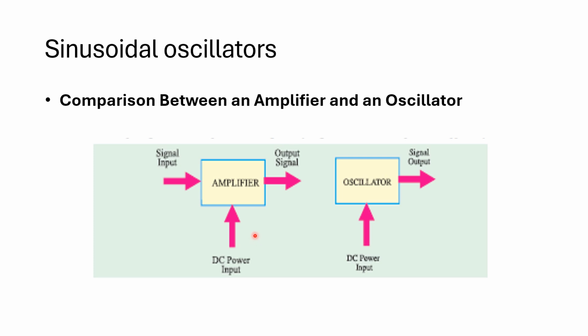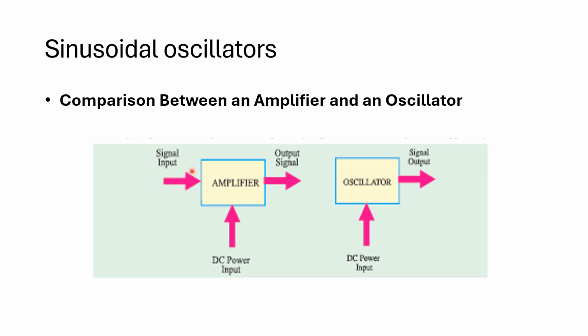an external DC source where energy is taken from the DC power and converted into AC energy. Okay, so that's why our output signal is being amplified, because some of the energy is taken from the DC power and converted into AC energy in a signal whose frequency is the same as the frequency of the input signal.